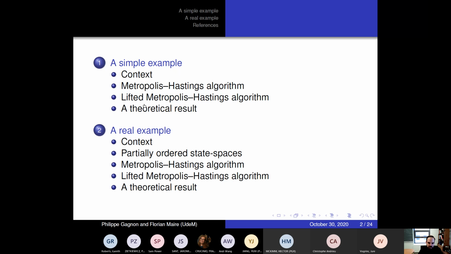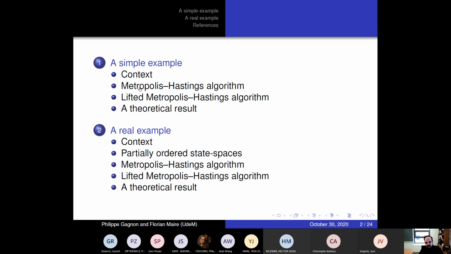You probably notice that you have basically the same sections in both parts. It's just that it will be easier to explain in the more complicated setting of partially ordered spaces, because in the first part it will be a totally ordered space.